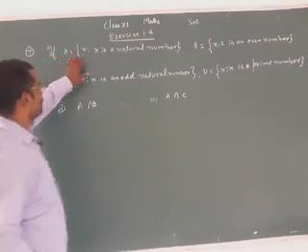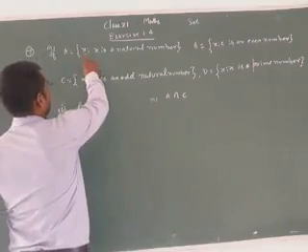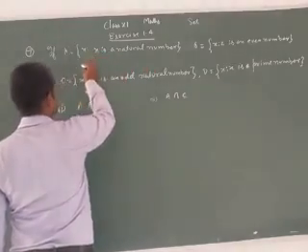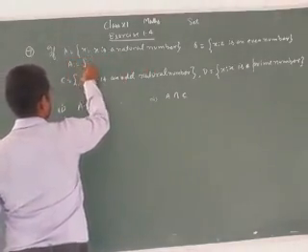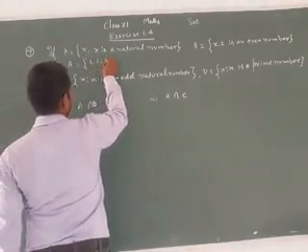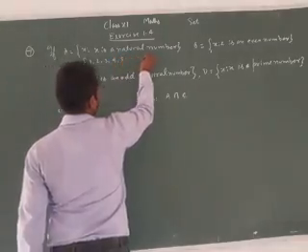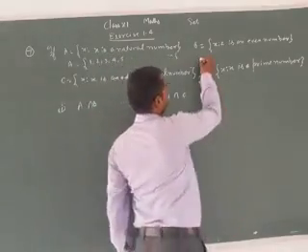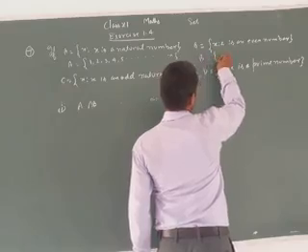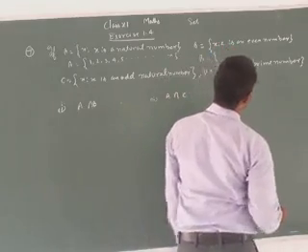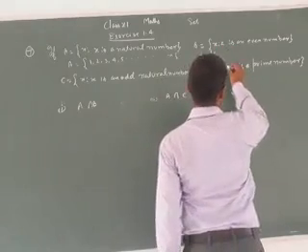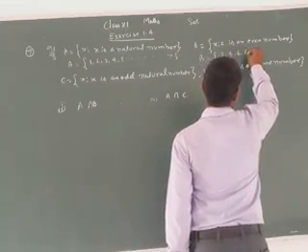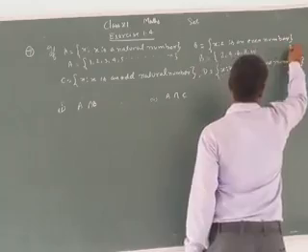Set A is equal to x such that x is a natural number, so A equals 1, 2, 3, 4, 5, and so on up to n. Set B is equal to x such that x is an even number, so 2, 4, 6, 8, 10, and so on.